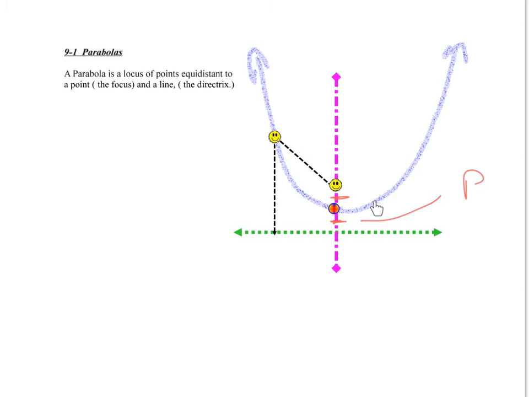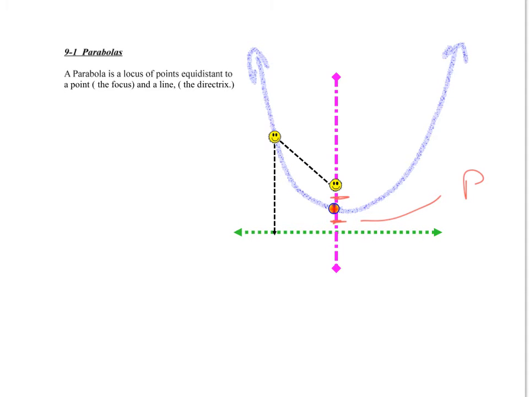If I choose a point right here, this distance is equal to this distance. If I choose a point way up here, this distance is equal to this distance. So every point on my parabola is equidistant, the same distance away from my focus and my directrix.